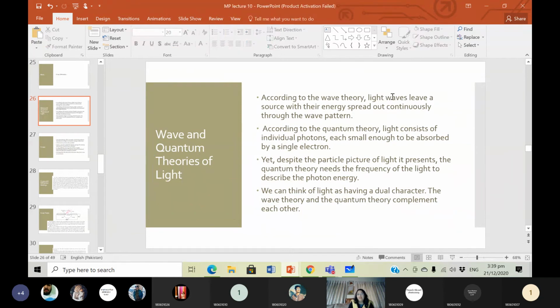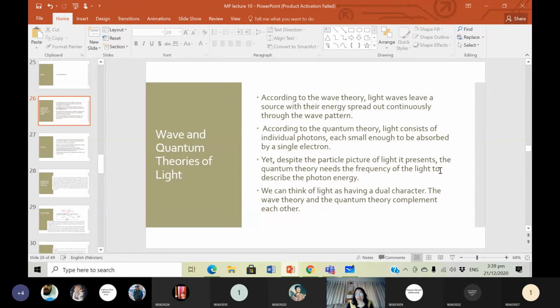So according to the wave theory, light waves leave a source with their energy spread out continuously through the wave pattern. So basically, the light waves have a continuous spread of energies. But according to the quantum theory, light consists of individual photons. Each of them has a quantized amount of energy, given by h times frequency, and each has an energy small enough that it can be absorbed by a single electron.